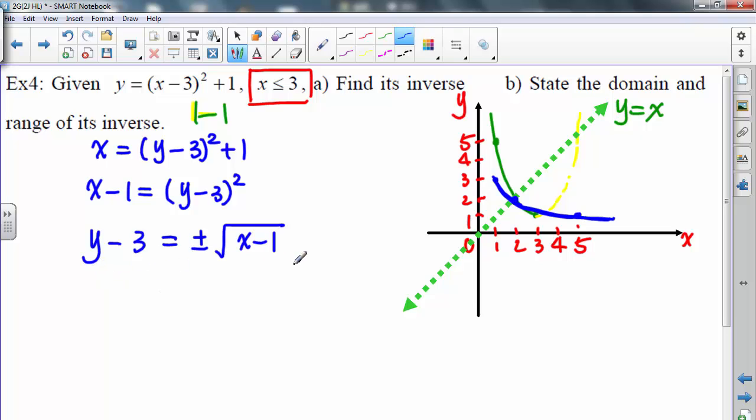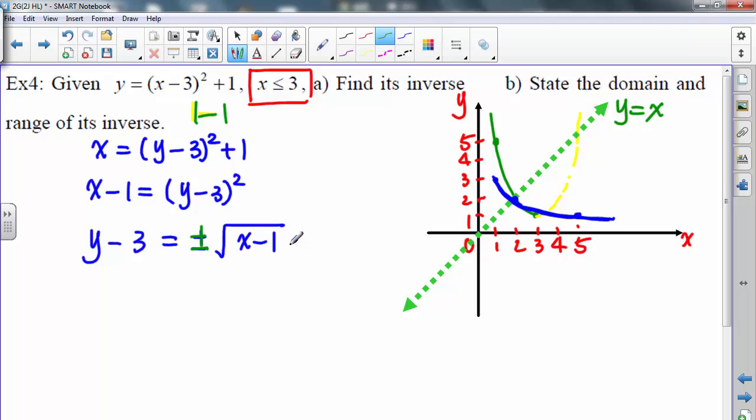From this algebraic method, you also will realize the original function has no inverse either. So how can you realize that from this form? Because you have 1 x with plus and minus, you should have 2 y's. So the inverse is not a function.